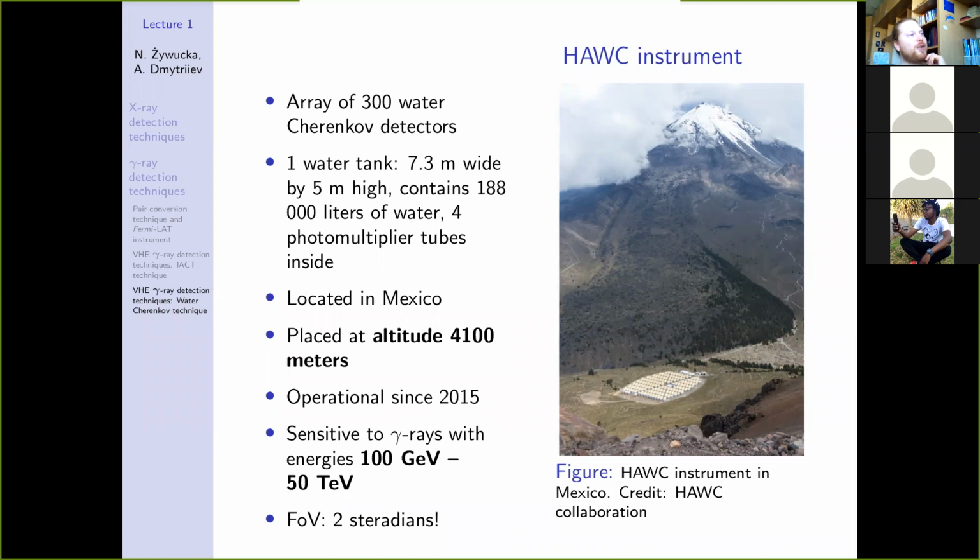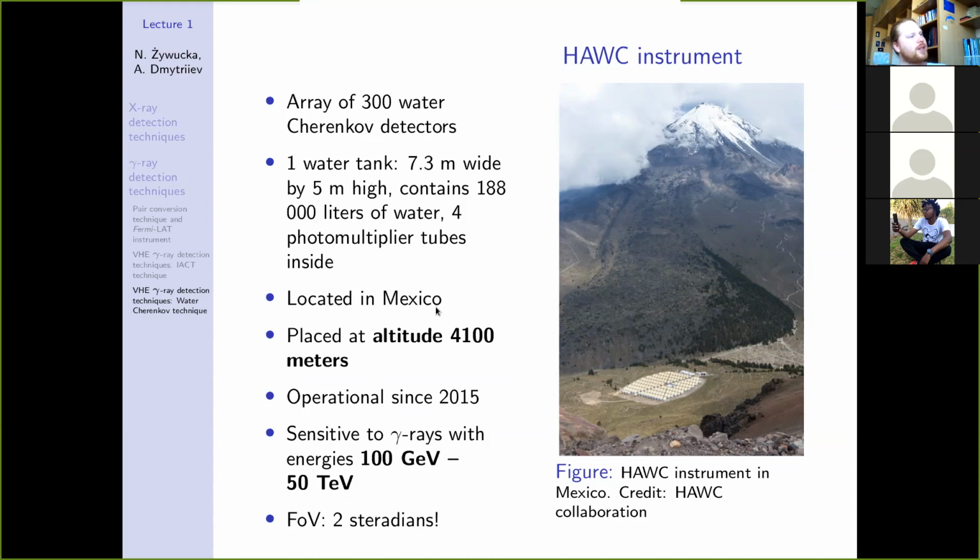That's a lot, right? Each tank is equipped with 4 photomultiplier tubes inside, which are monitoring the water, and if a particle passes, the Cherenkov light is emitted and these photomultipliers sample the light.